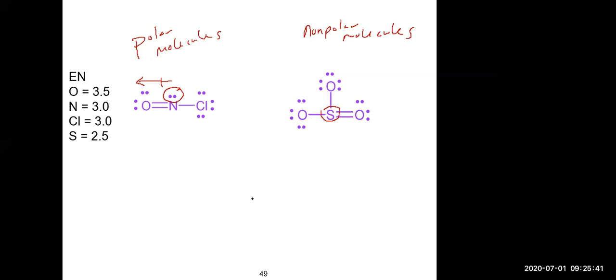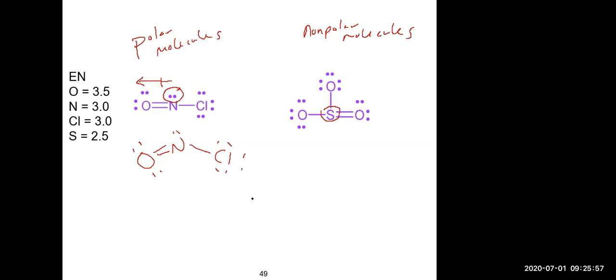The geometry of this thing is 1, 2, 3 electron pairs and 2 bonds. That is angular, which means if I draw it with the geometry here, it looks something like this.